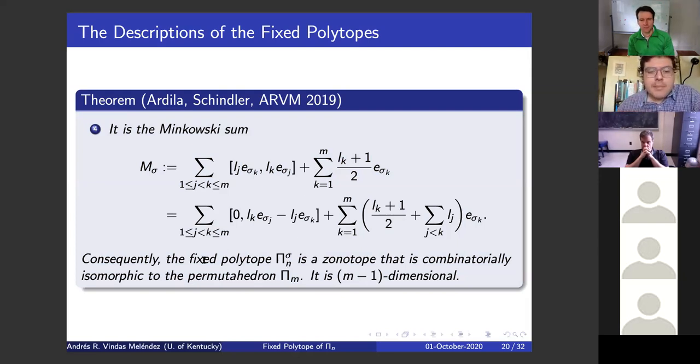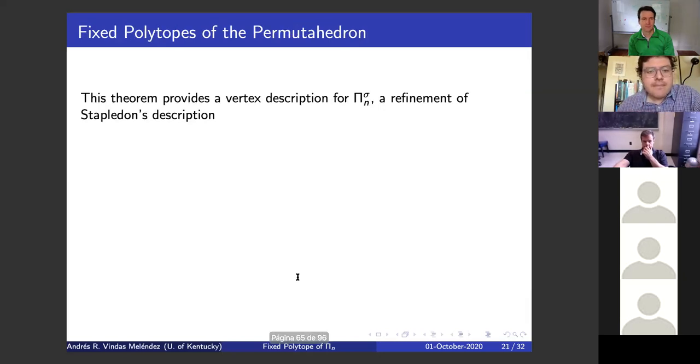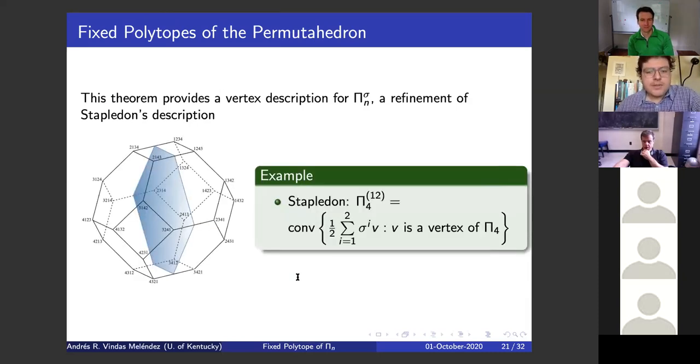These fixed polytopes turn out to be zonotopes that are combinatorially isomorphic, meaning they have the same face structure as the permutahedron. And so this theorem that I just showed you provides a vertex description for these fixed polytopes as a refinement of Stapledon's description.